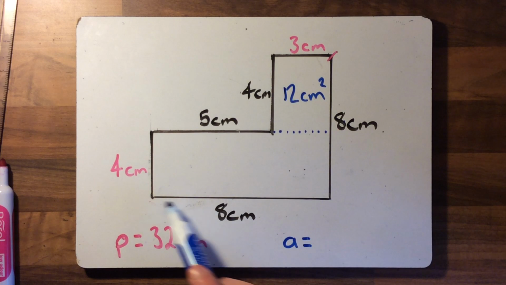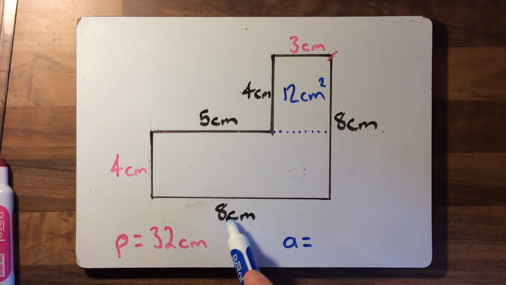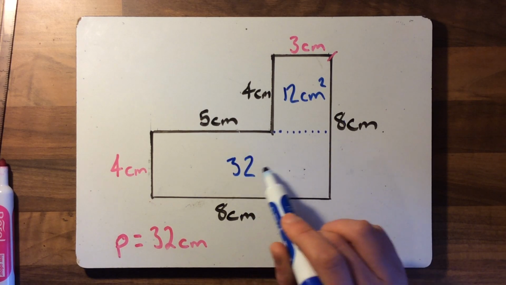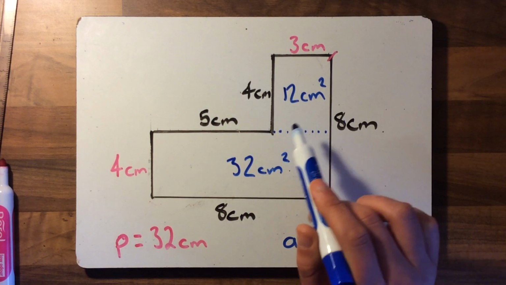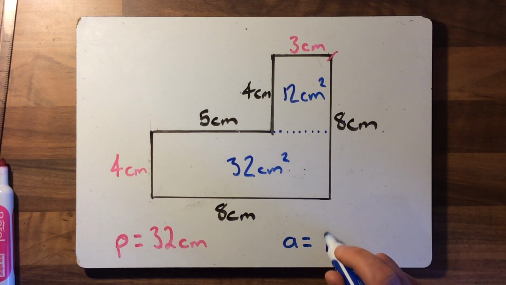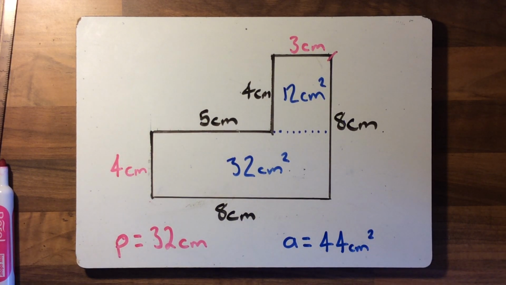So it's looking at this complete width and this complete height, which is 8 times 4, which is 32 centimetres squared. And then we need to add the 32 to the 12 to get us to 44 centimetres squared.